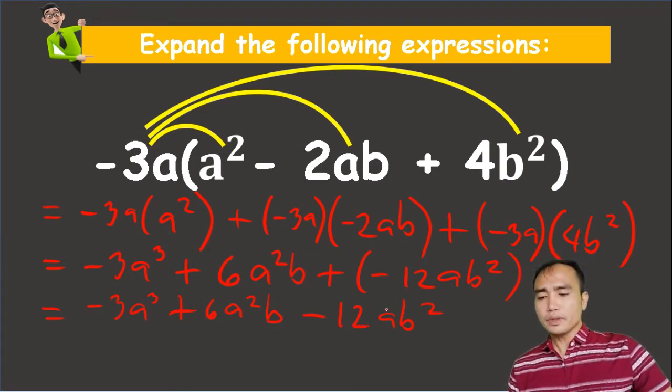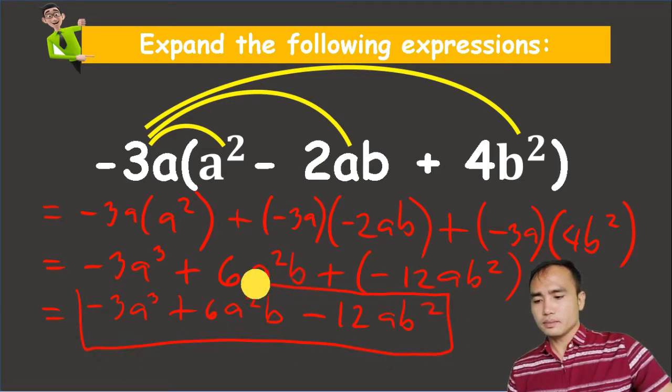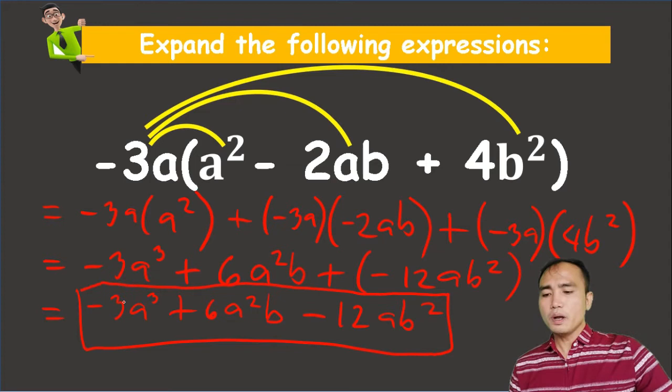No, because they have different exponents. The a here has the exponent of 2, while the a here has the exponent of 1. Then b here has the exponent of 1, while b here has the exponent of 2. So we cannot combine these. They are not like terms. Therefore, this is our final answer: negative 3a cubed plus 6a squared b minus 12ab squared.